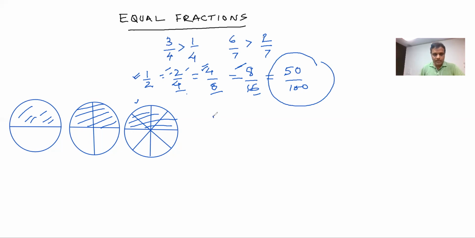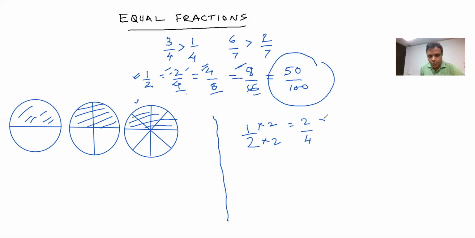Now, let me give you the maths side of it. How do we find out the equal fraction? Supposing the fraction is 1 by 2, right? Now we have to find out the equivalent fractions. If I multiply the same number in the numerator and the denominator, I get an equal fraction. For example, if I multiply by 2 in the numerator and 2 in the denominator, I get 2 upon 4.